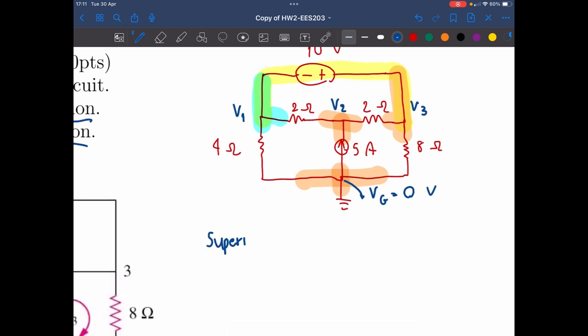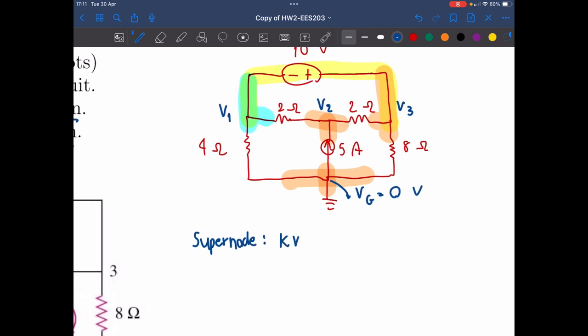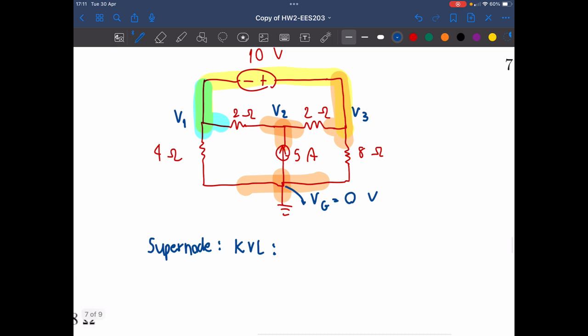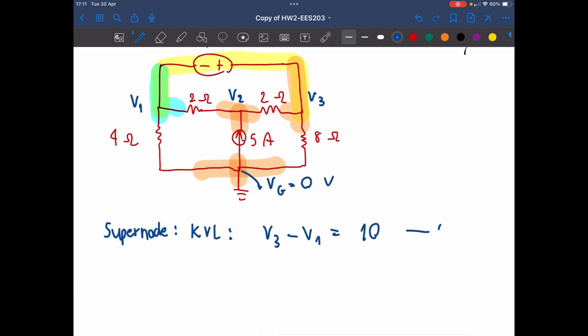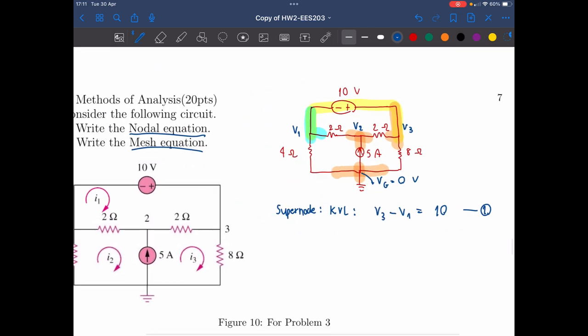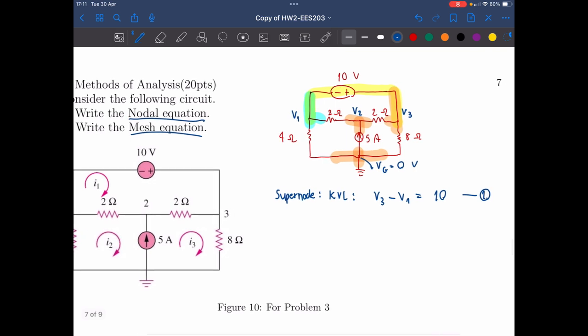So for the supernode here, we use Kirchhoff's voltage law, and we could solve that V3 minus V1 is equal to 10. This is the first equation. Our objective here is to find V1, V2, and V3, so we need 3 equations at least.